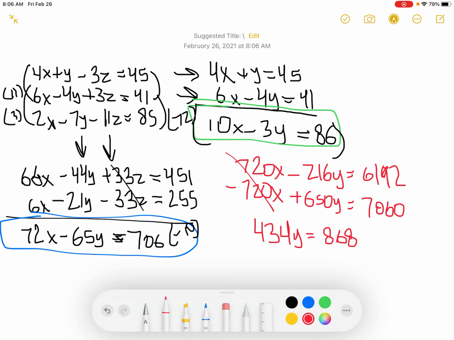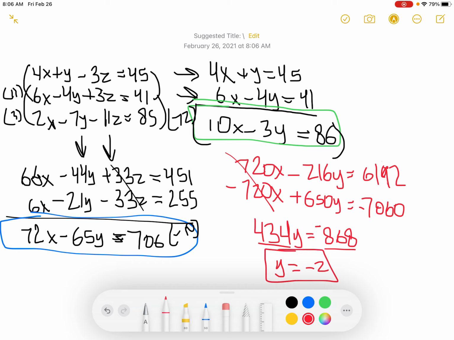One of those is supposed to be negative. Okay, negative 868. I couldn't even read what I said. Then you divide by 434, and y is negative 2. Good. We know we did it right.